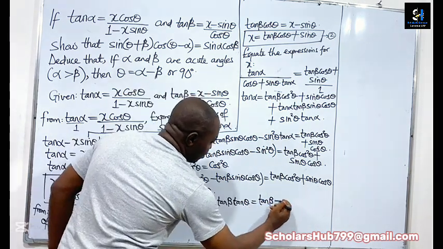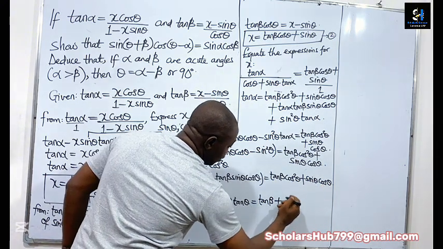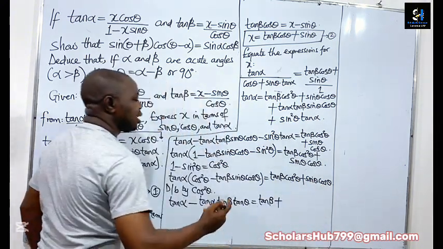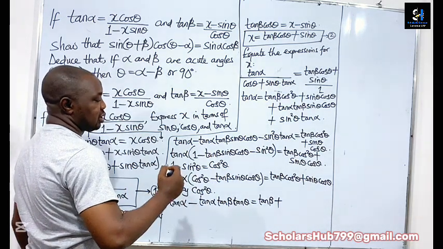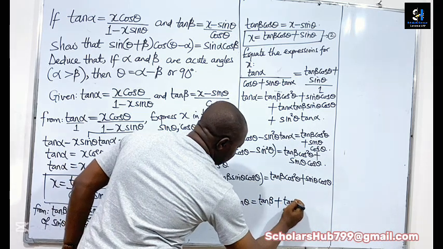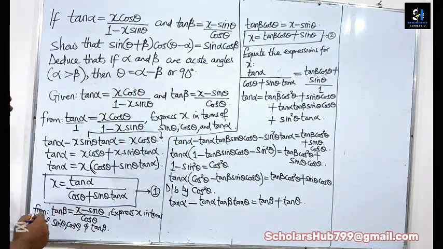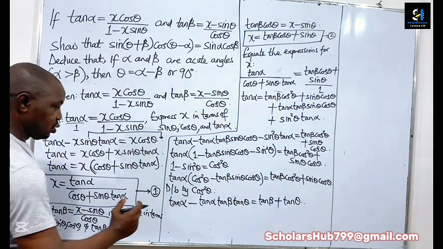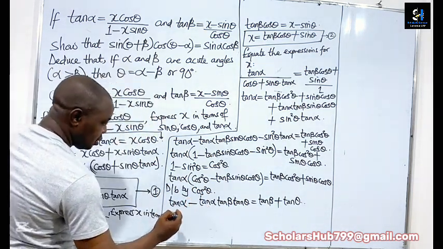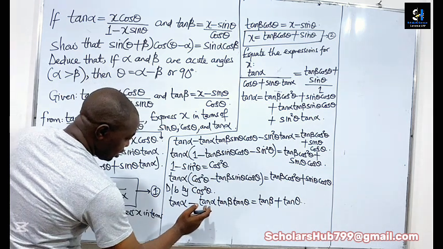Then dividing this by cos squared theta, sin theta cos theta divided by cos squared theta will become sin theta divided by cos theta. That will be tan theta. So what I'll do from here is to write an expression for tan alpha.